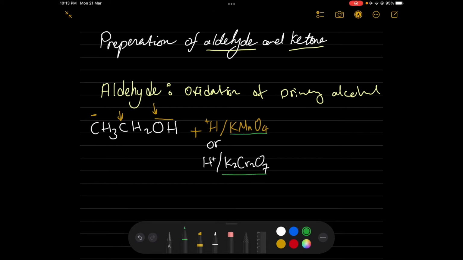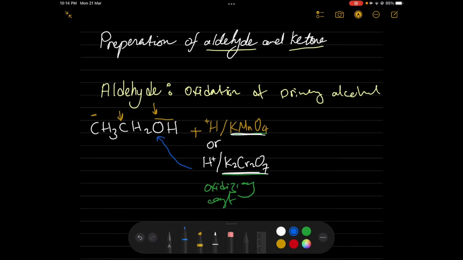Both work as oxidizing agents. We just want to recall that oxidizing agents are being reduced and they oxidize the other atoms or species. So materials like KMnO4 or potassium dichromate will oxidize the alcohol.